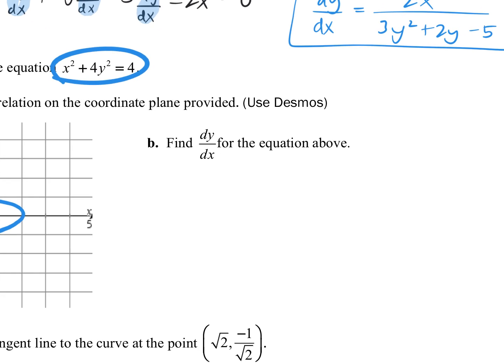So I'm taking the derivative here. I have to get that dy/dx by itself.